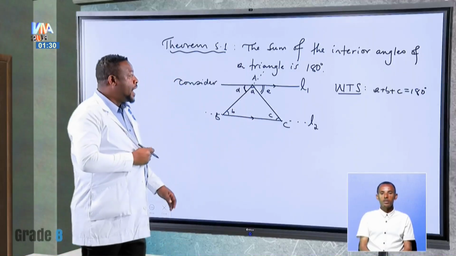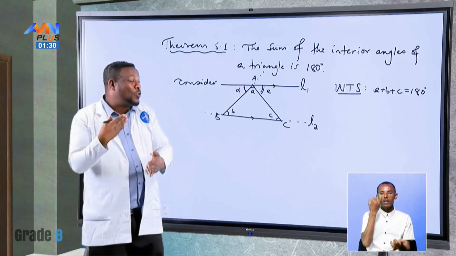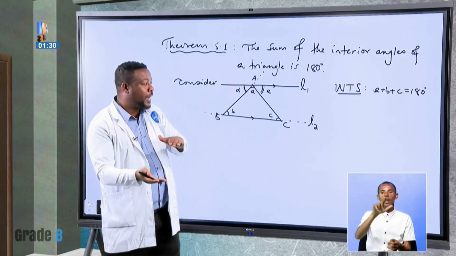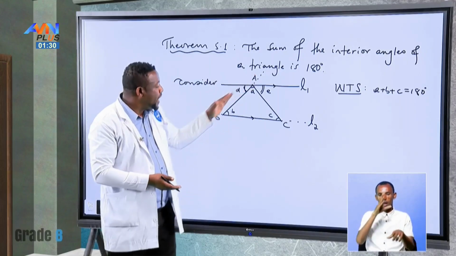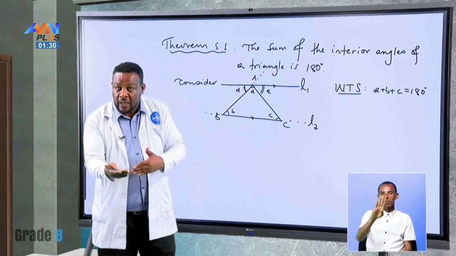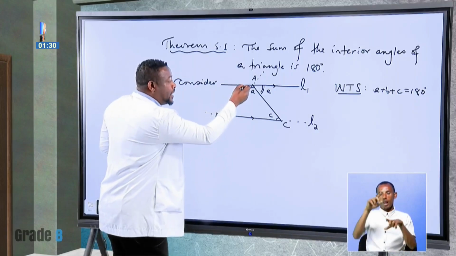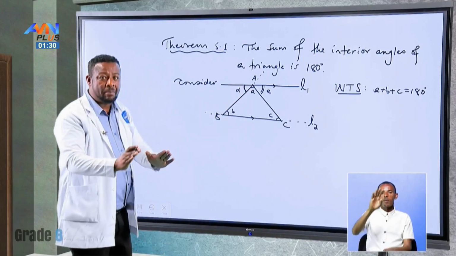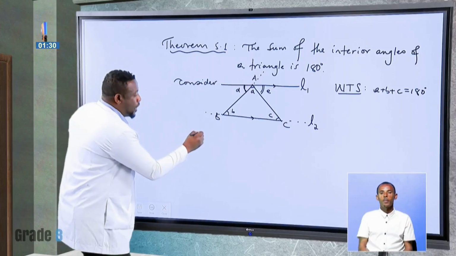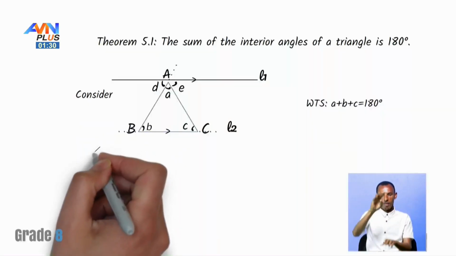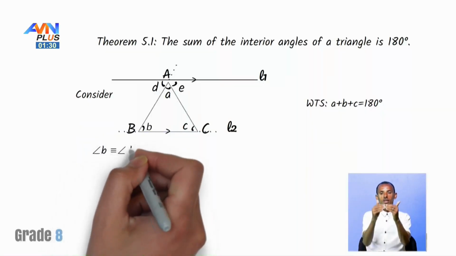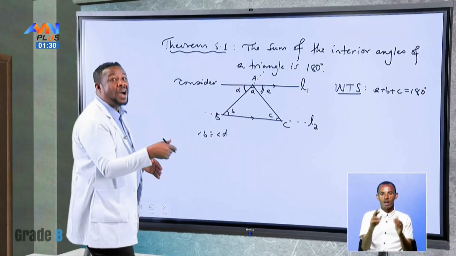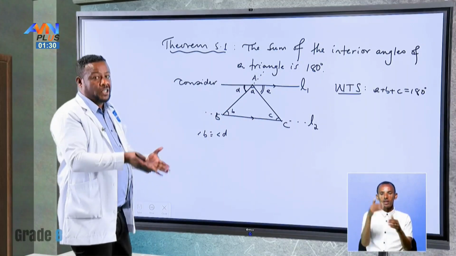Now, if you consider L1 and L2 as parallel lines and BA as a transversal, this angle D and angle B are the same, right? So angle B is congruent to angle D. These two are congruent by alternate interior angles, right?